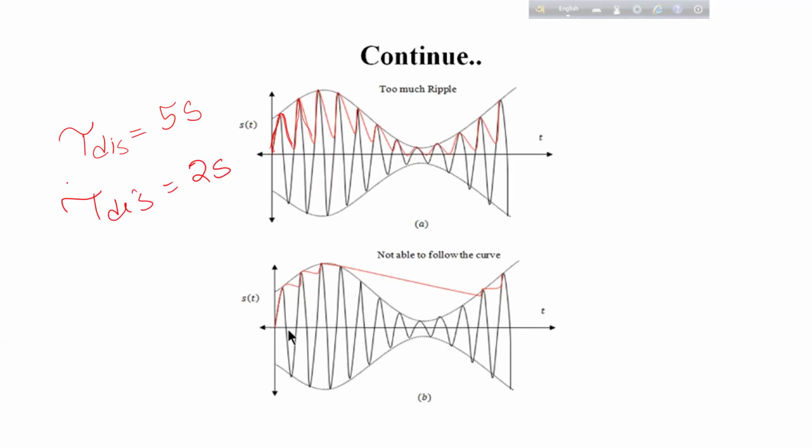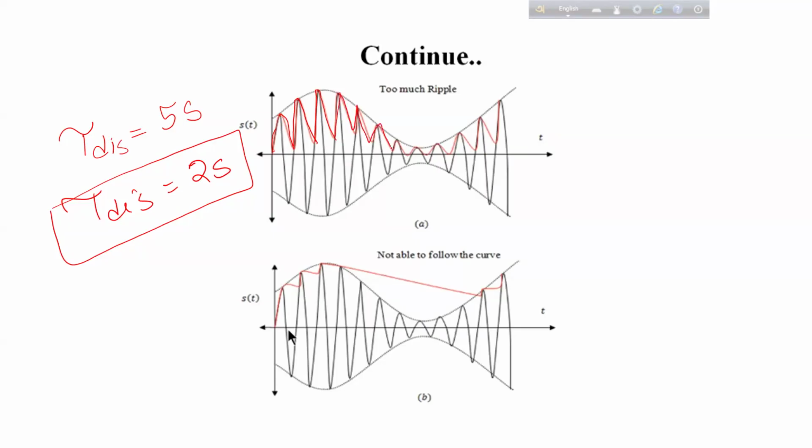Now, if the discharging time is very low, it means the capacitor will discharge very fast. So it is charging but discharging very fast, again charging but discharging very fast. So if it discharges very fast, the output will look like this.